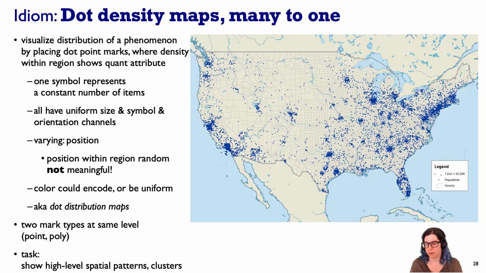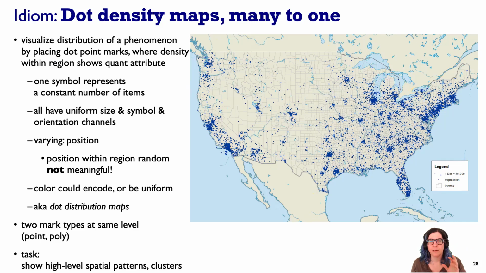Like in this case, one dot is for 50,000 people. And all of those dots do have uniform size and symbol and orientation. But the key thing is position doesn't directly mean something. It is randomly generated within the region to correspond to the density of the phenomenon.